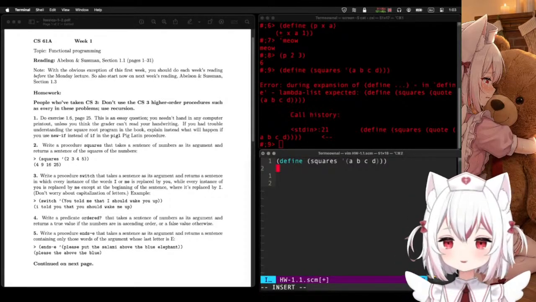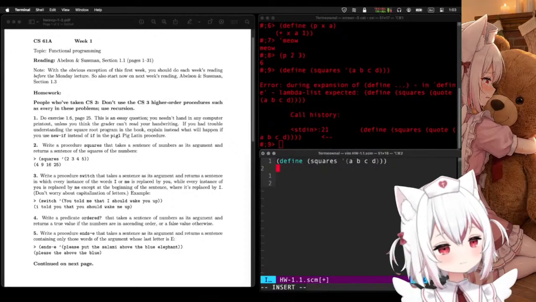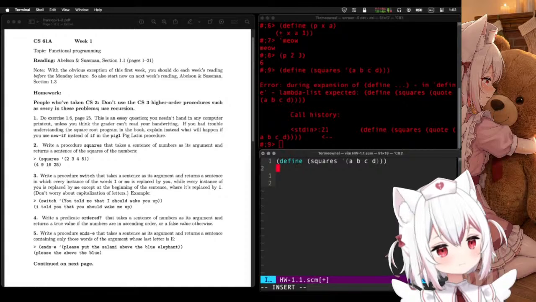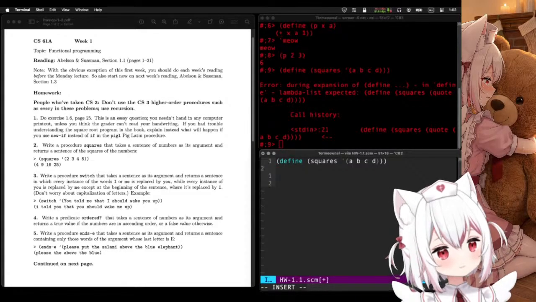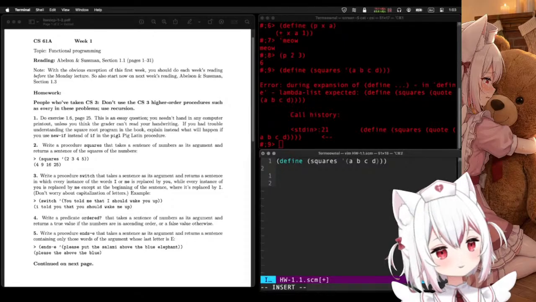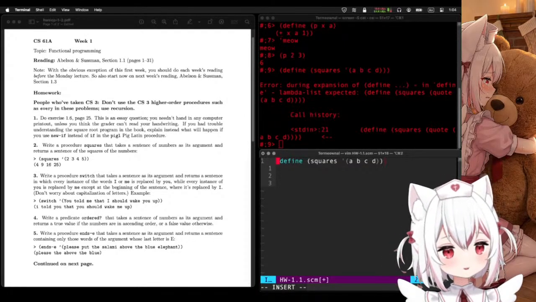I don't know what a lambda list is. So write it.